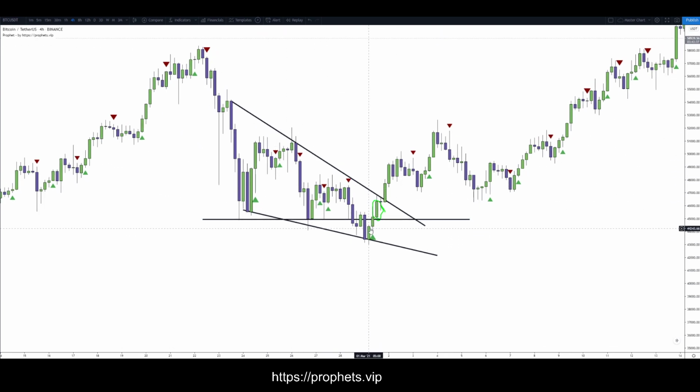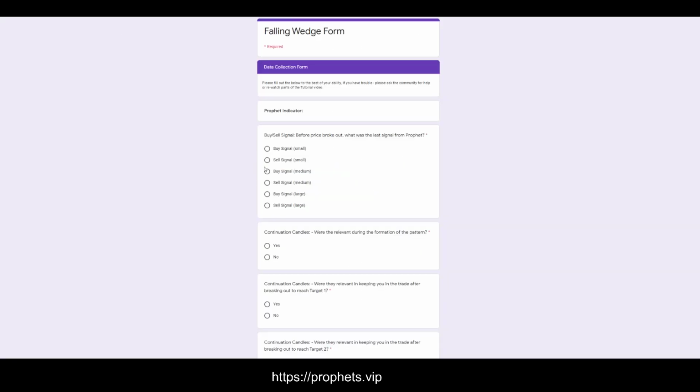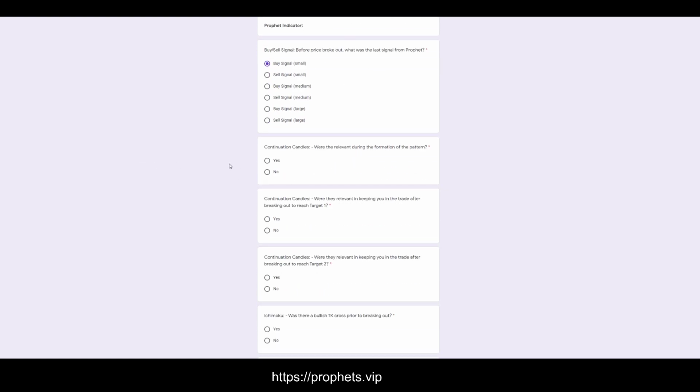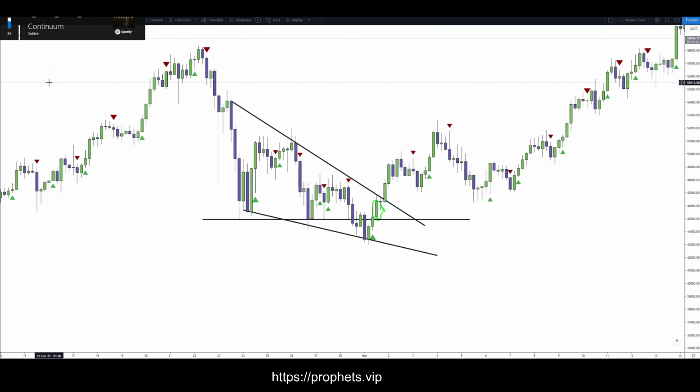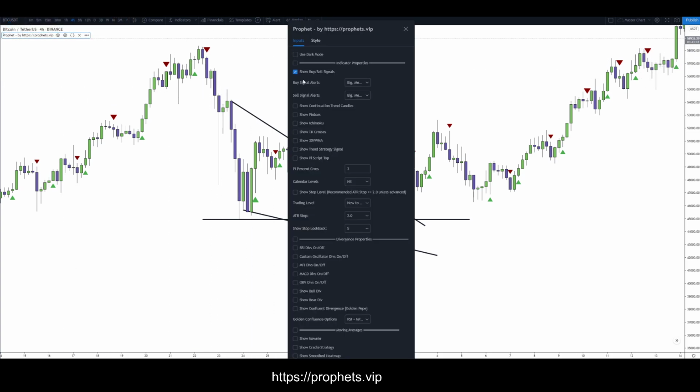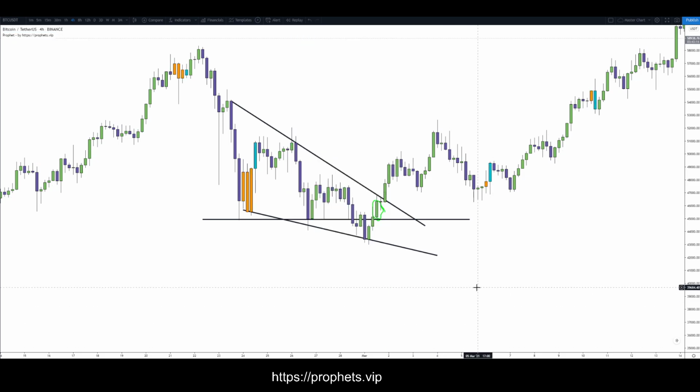So once we reclaim that level, that's the buy. So we're going to say here there was a small buy signal before price broke out, right? Continuation candles, were they relevant during the formation of the pattern? So we'll just go into the indicator. Once Spotify goes away, come on Spotify, we can go through this. Double click the icon. Continuation candles, all right.